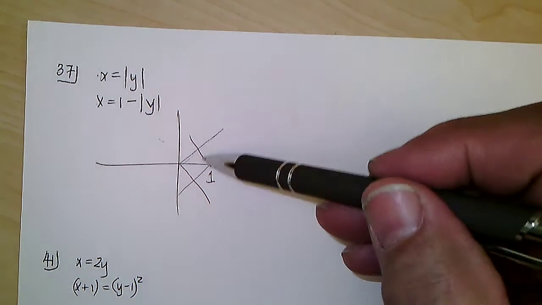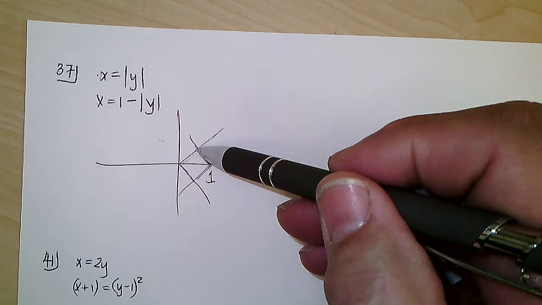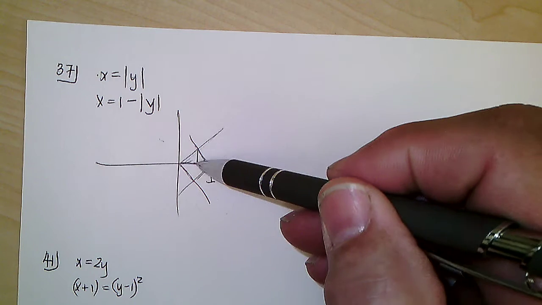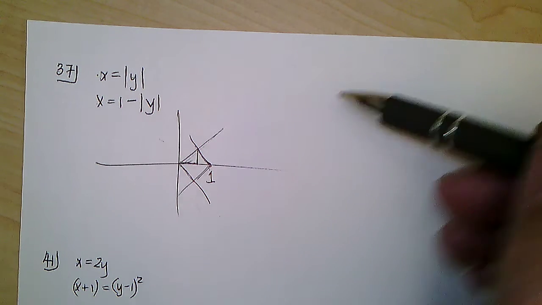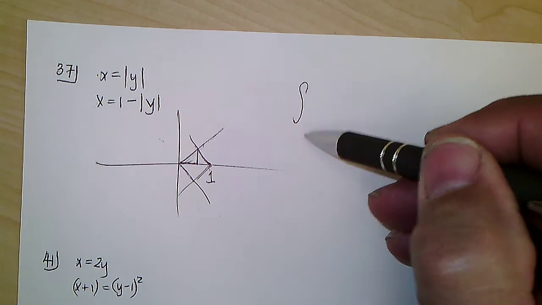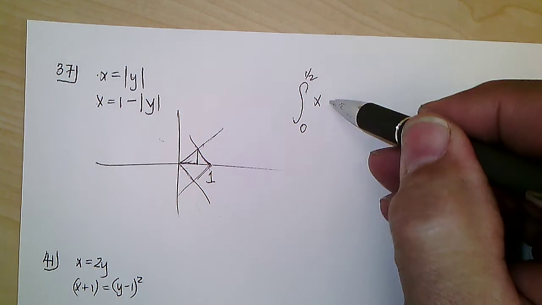So, since this is so symmetric, it's a square, this would be pretty easy to do. We'll just figure out the area here. That'll be the integral from 0 to 1/2 of x dx.